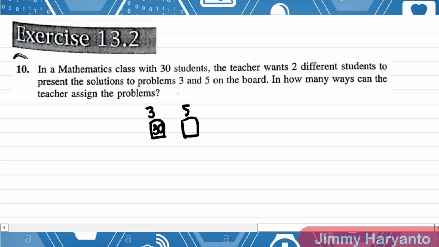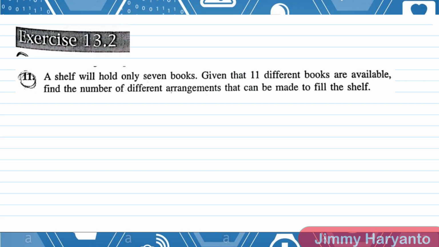And then for problem 5, there are 29 students. So overall, you will have 30 times 29, which equals 870 ways.